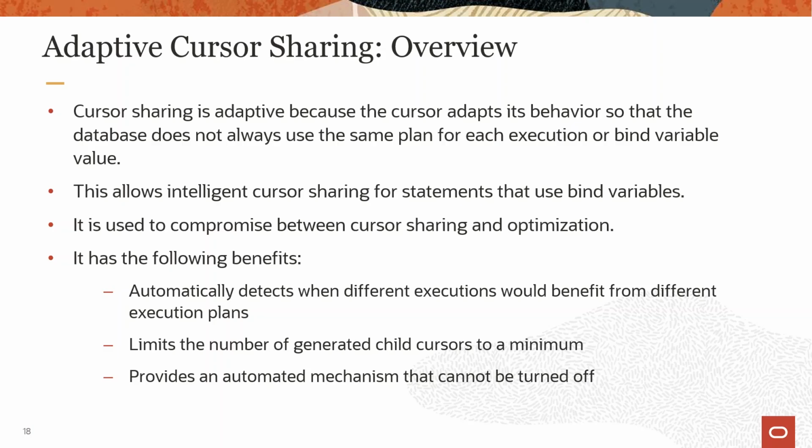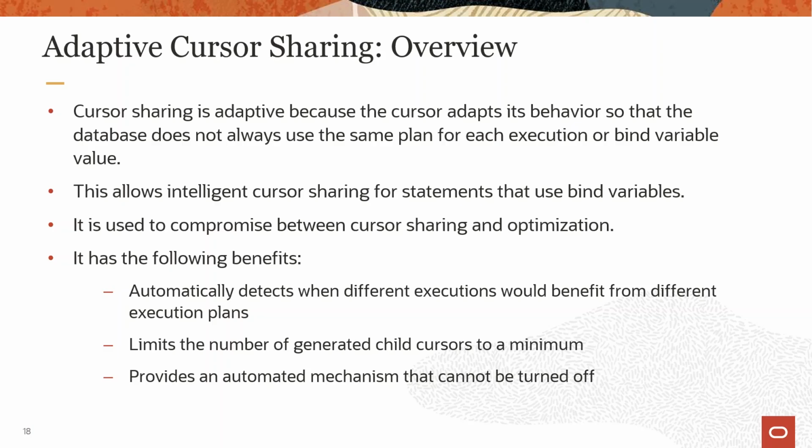Now in 11G they introduced adaptive cursor sharing. This means that you want to have the best of both worlds. So you want to use bind variables in order to reduce memory utilization and to reduce parse time, but we also want to make sure that for certain bind variable values we're not always using the same plan for each execution, in fact.